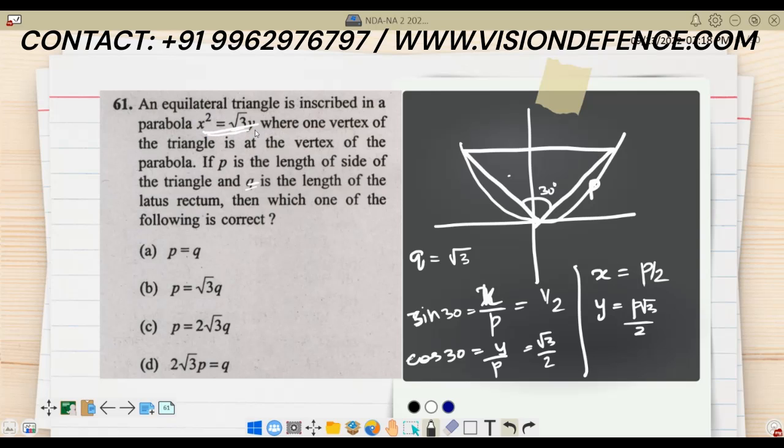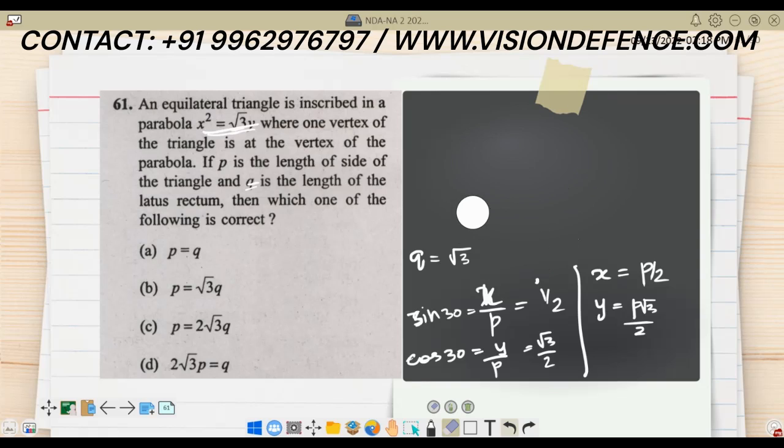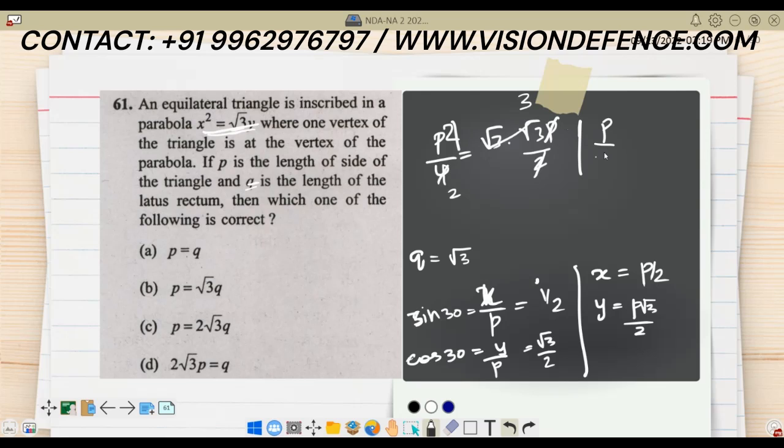We are going to apply this in the original parabolic equation, and then we are going to find the value of P. So x square is equal to root 3y. So if x square is equal to root 3y, obviously P by 2 the whole square, that is P square by 4, is going to be equal to root 3 into root 3 P by 2. This is going to be 3. You can cancel this 4 and 2, and you can eliminate one P from the left hand side. So P by 2 will be equal to 3.